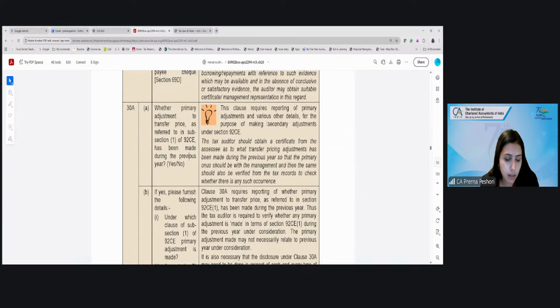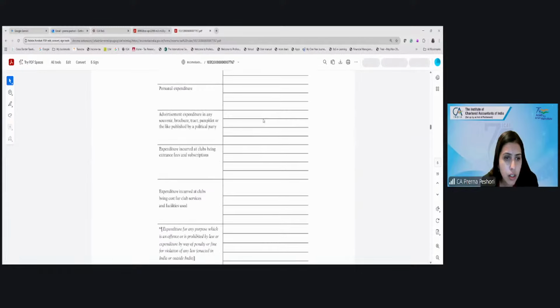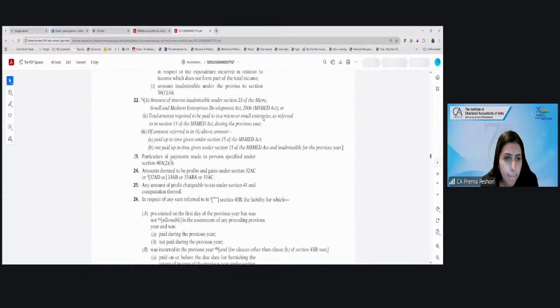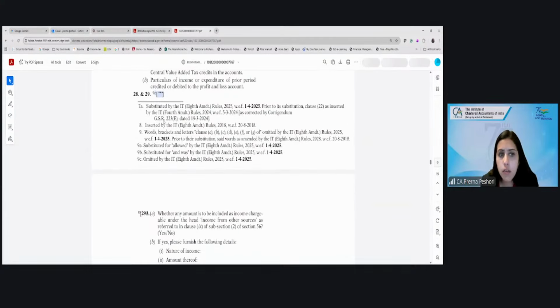Let's check the 3CD form to see if there is a mistake over here or is it really like that. Thanks for highlighting, Sanjay. No, 28 is omitted and 29 is also omitted. So this year they have been omitted. So directly there is 29A. So maybe that's a mistake by the government itself. Okay.